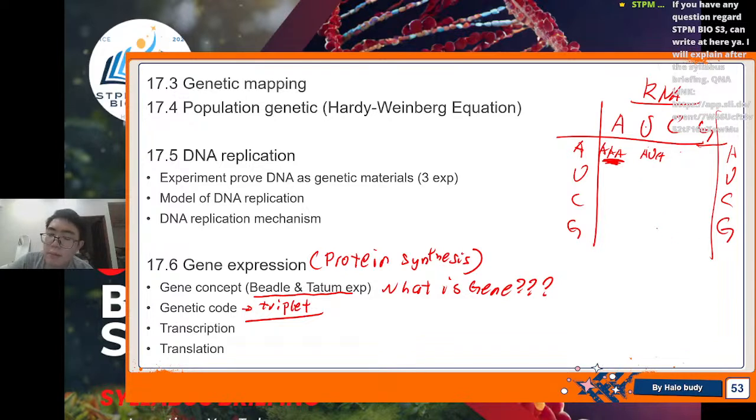Faham? Meaning that AAA is one type of amino acid. AUG is one type, or AUG no, AUG is stop codon. Like AUG is stop codon ba?